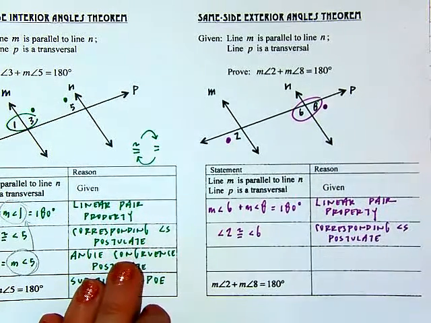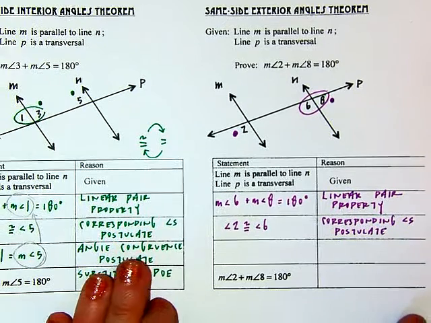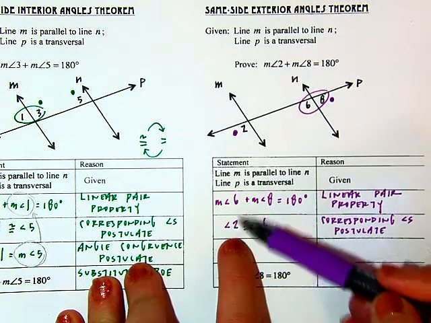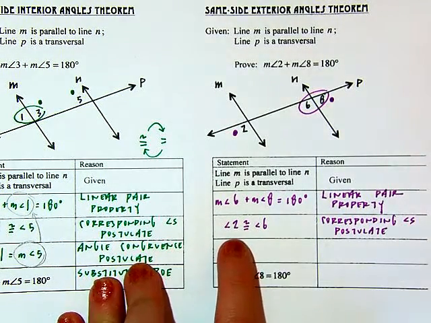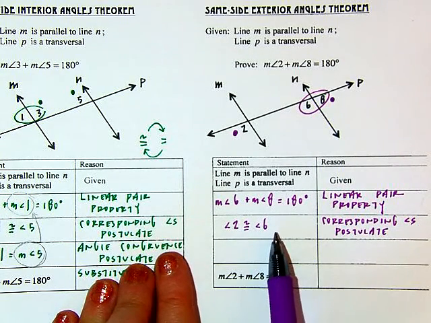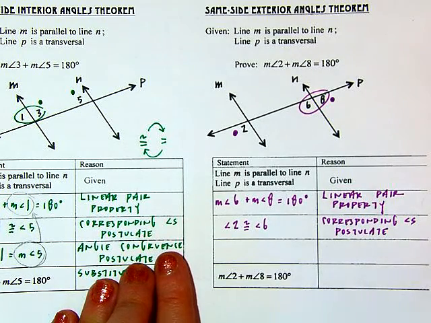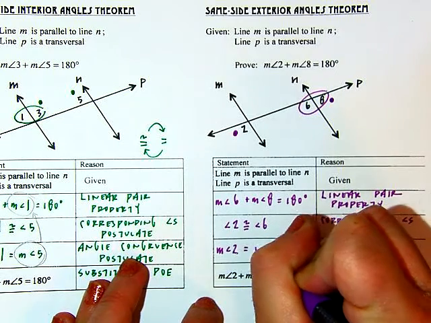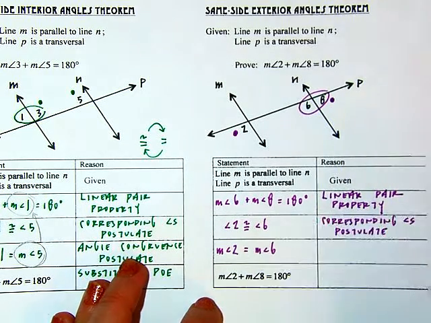All right, so I'm getting really close, right? But I'm not quite there yet. I really want to put this 2 in for the 6, but I can't do it yet because right now my figures, the angles themselves, are identical. I can't put a figure in for its measure, so I have to do a little conversion first. So measure of 2 equals the measure of 6.